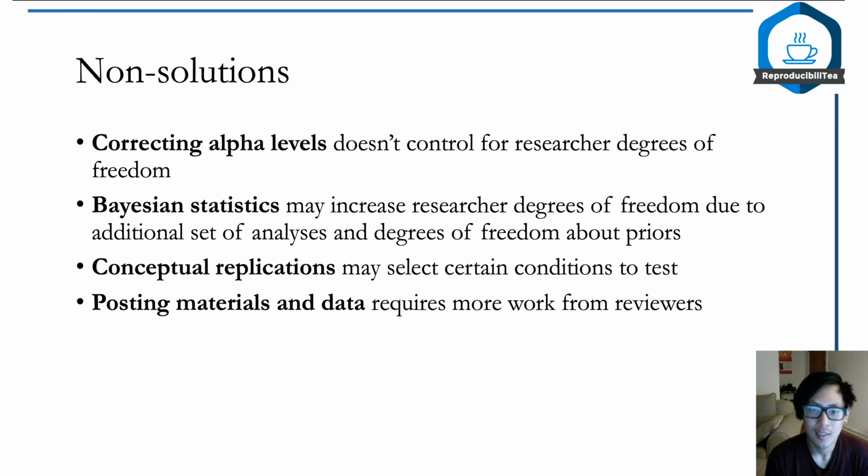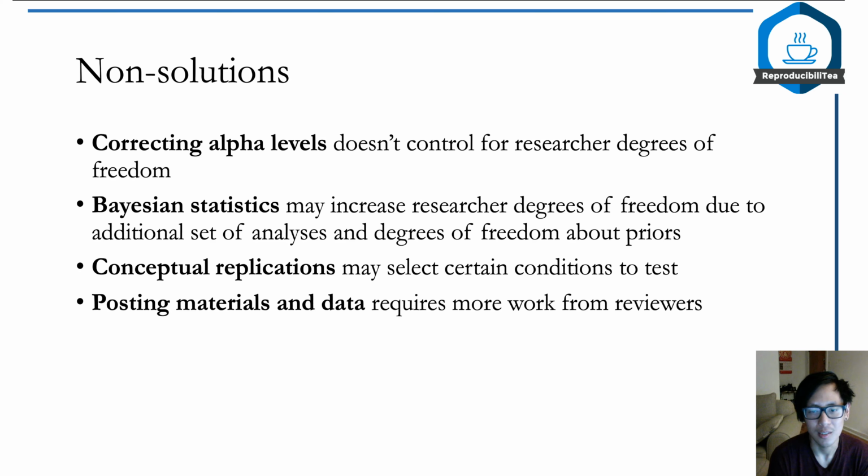And in a good juxtaposition, the authors also point out some things that may pose as solutions but they believe are non-solutions. So the first one is correcting alpha levels, such as using Bonferroni to control post hoc family-wise error rate, so dividing your alpha by the number of tests you run, for example, so that your significance level is no longer 0.05.